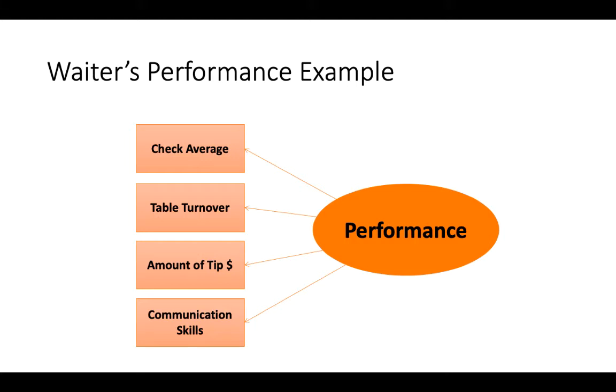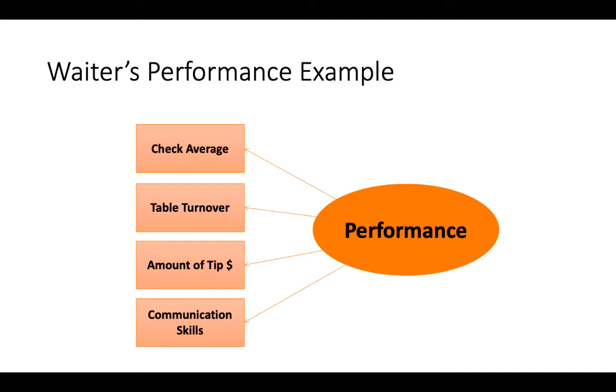It depends on your operational definition. Or table turnover. Because if the waiter is really fast in doing their job, the table turnover is going to be high, right? The table will change customers quite frequently, right? The amount of tip that they manage to get at the end of the shift or probably at the end of the day, right? And also communication skills.